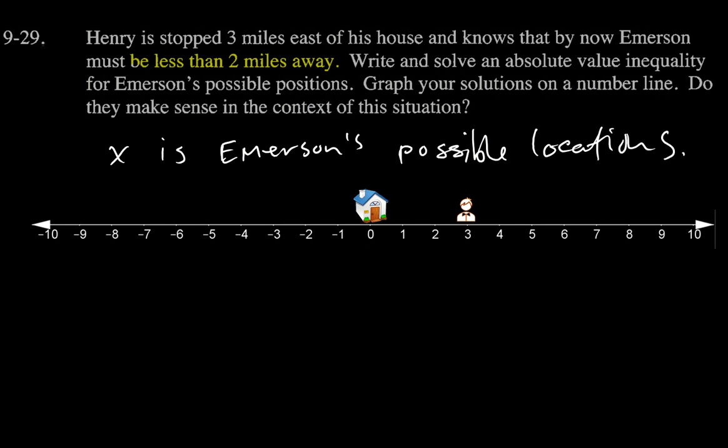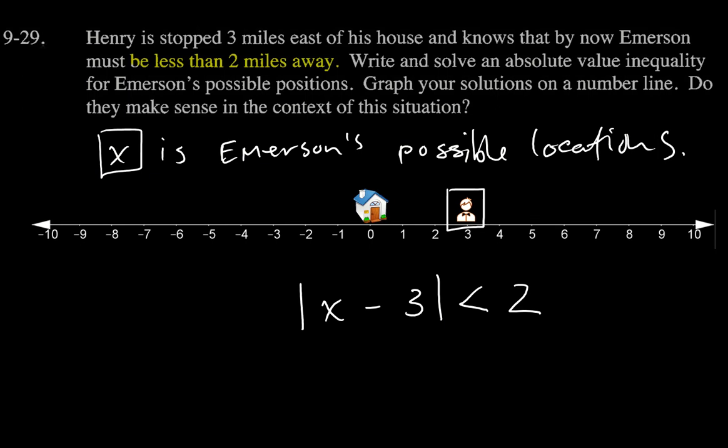And we're talking about the difference between Henry's location and Emerson's location. The difference between those things has to be less than 2. And I don't know if it's above it or below it, so that's why the absolute value comes in. The difference between Emerson's location and Henry's location is less than 2.